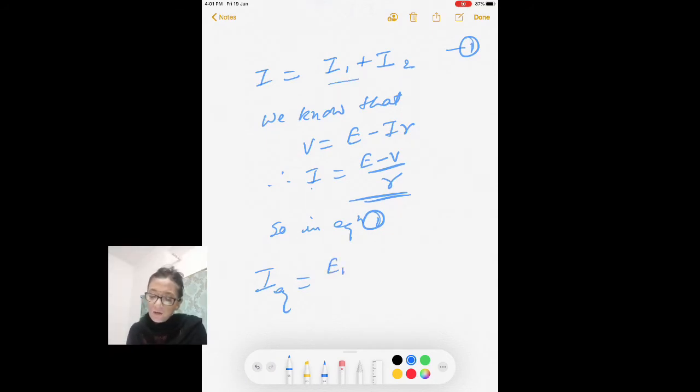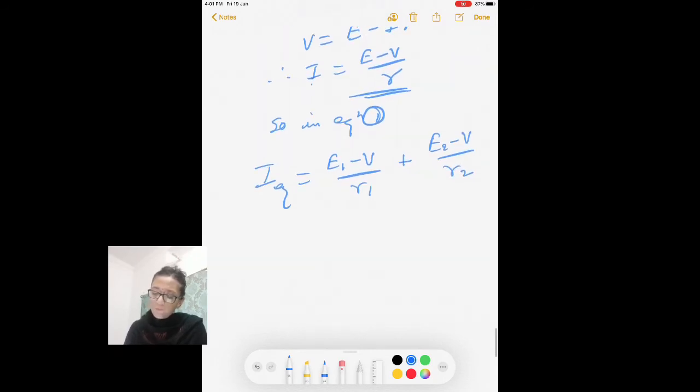It is equal to E1 minus V upon R1 plus E2 minus V upon R2. So you get E1 by R1 plus E2 upon R2 minus V into 1 by R1 plus 1 by R2.